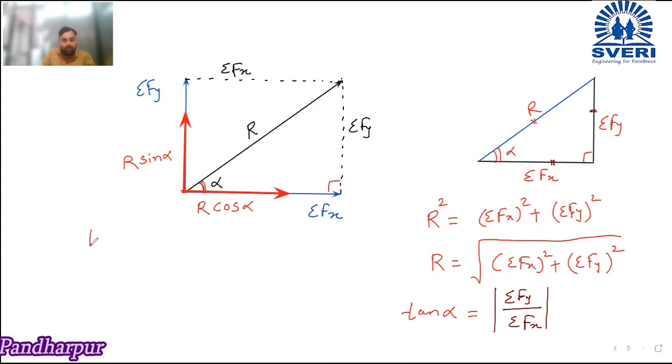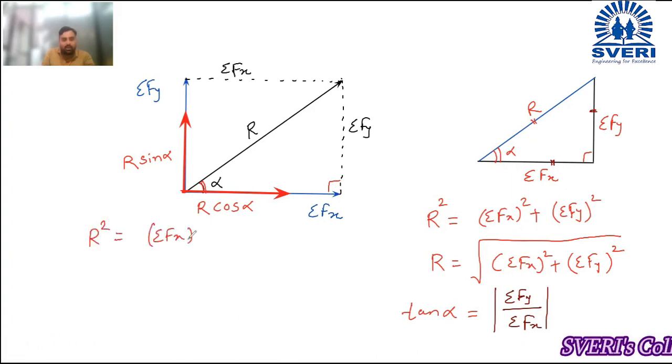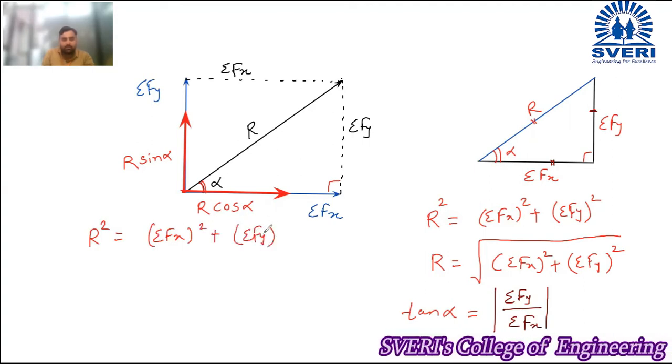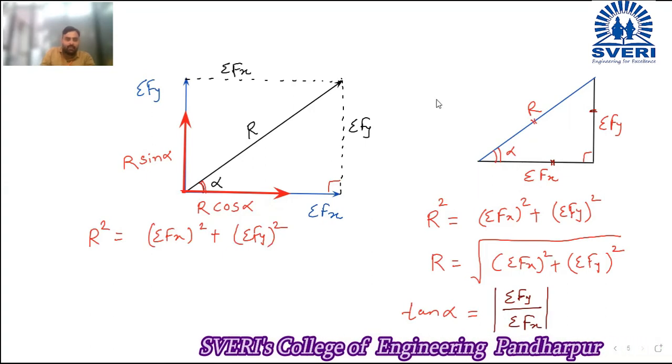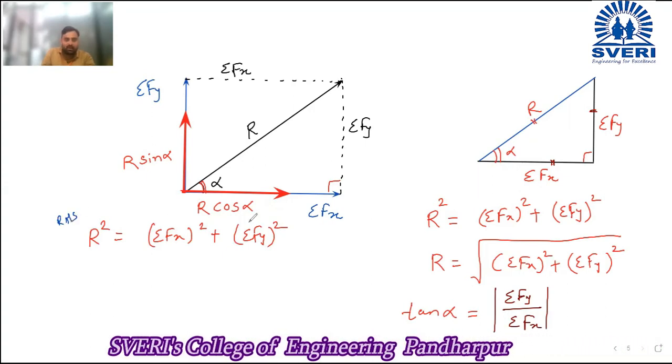So our equation is R square equal to summation fx square plus summation fy square.